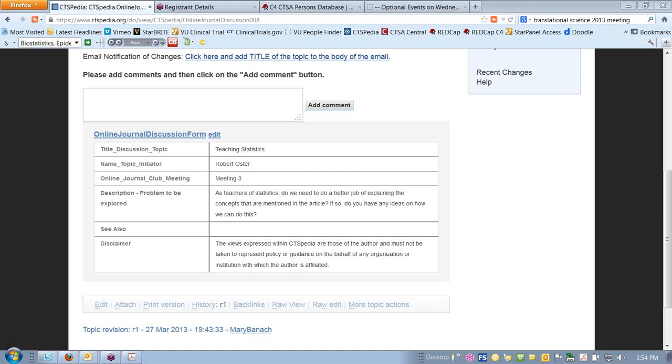But there's one thing where the article addresses that issue, and that is the quote from Tukey, that sometimes it's better to have an approximate answer for the right question than an exact answer for the wrong question. Sometimes it is better to use a test even if certain assumptions are violated, because the underlying hypothesis is a better fit than a test where the assumptions are justified, but the underlying hypothesis is not a good fit.